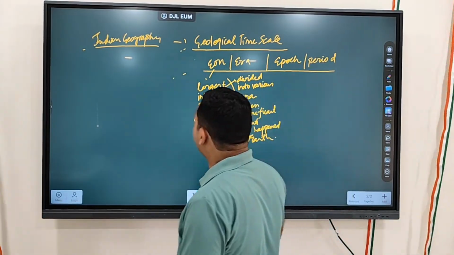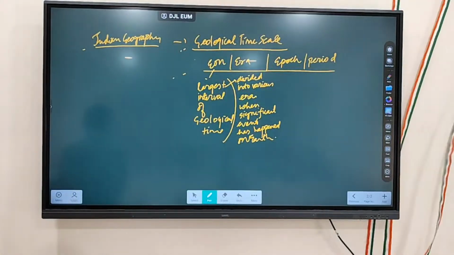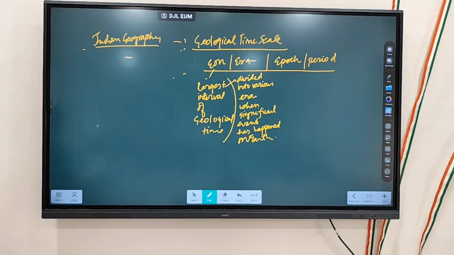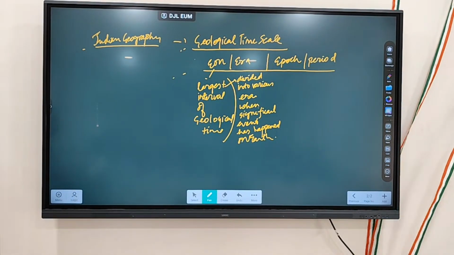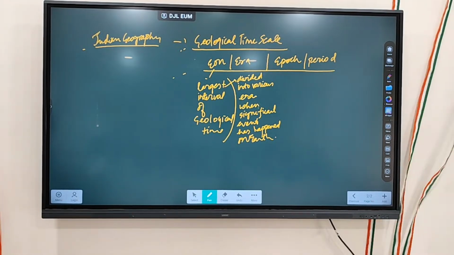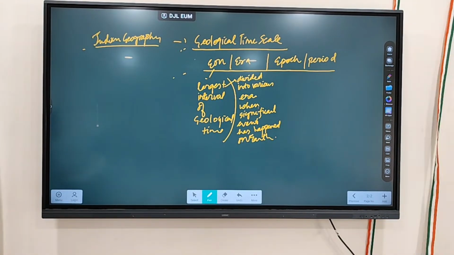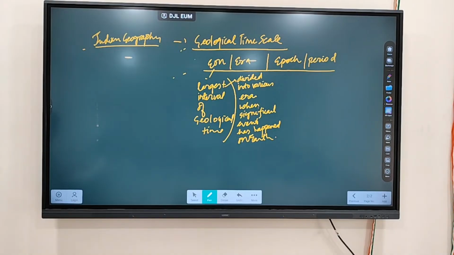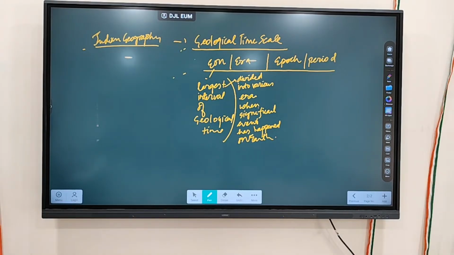Fine. So eons are divided into various parts, that is various eras, and these eras are divided based on certain significant events that have happened. Fine.